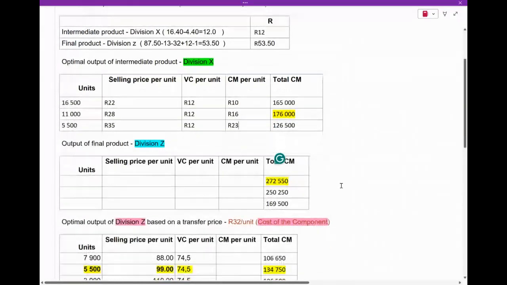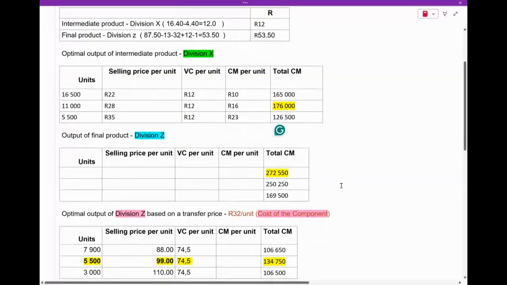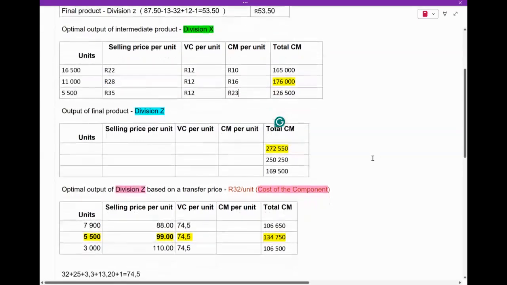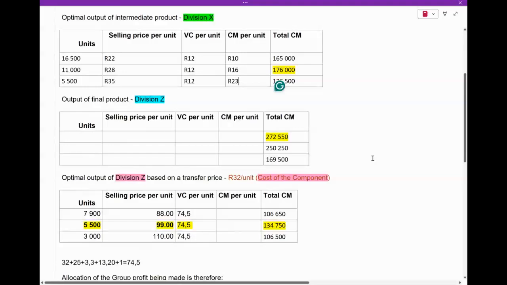Okay, so obviously to find our total contribution margin or contribution, we're just going to say 10 times the number of units, and voila. Okay, 16 times the number of units, and there you go. And then finally, 23 times 5,500, and yeah, there you go. I'm sure you're getting the point.